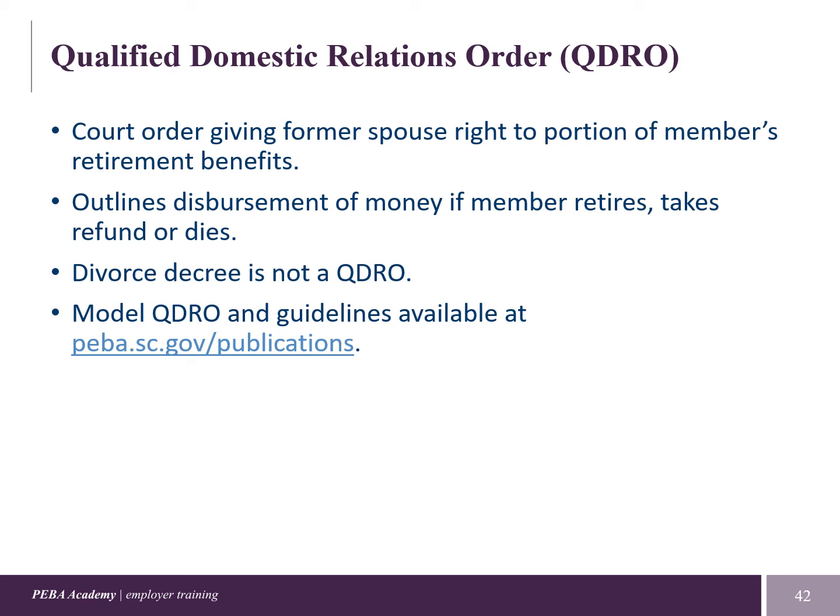A divorce decree is not a QDRO. A QDRO is a separate order that is specifically directed to the member's retirement plan and must be approved by PEBA. A model QDRO and relevant guidelines are available on our publications webpage.